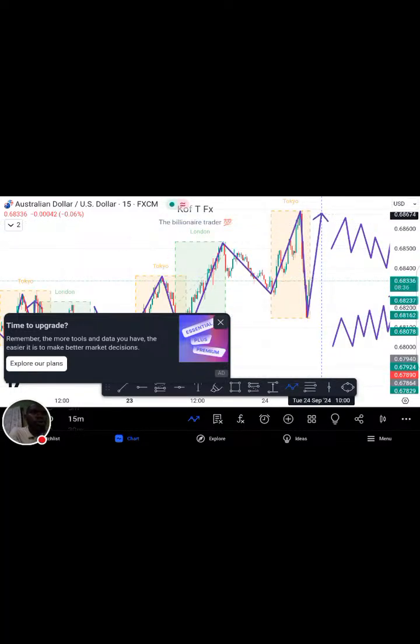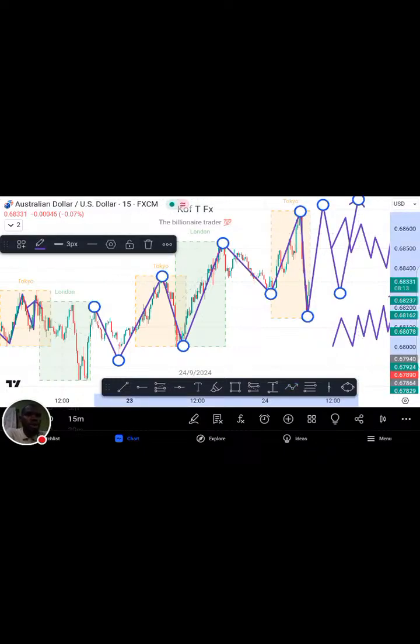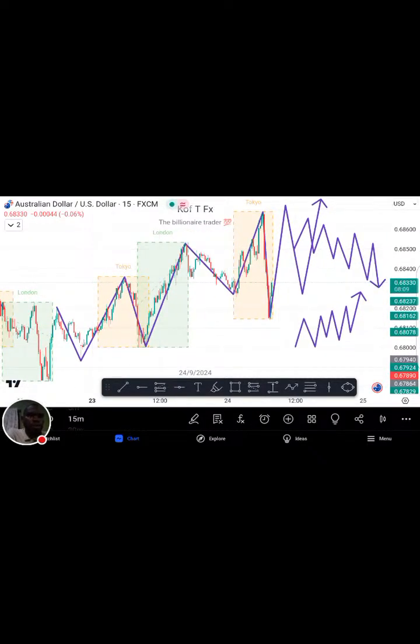Once we have a break of structure here, then we can actually look out for a pullback into the last candle of the structure, and we expect it to buy higher. That's what we are actually looking out for.